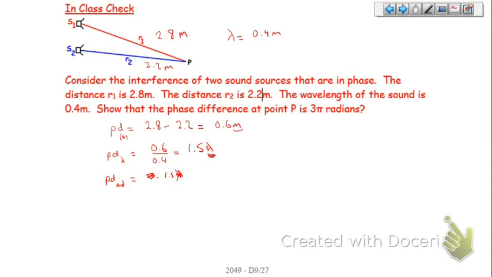So this is 1.5, and each wavelength is worth 2 pi radians. So that would be 3 pi radians. See where that comes from? Get the path difference in terms of distance, express it as a number of wavelengths, multiply the number of wavelengths by 2 pi. Cool?